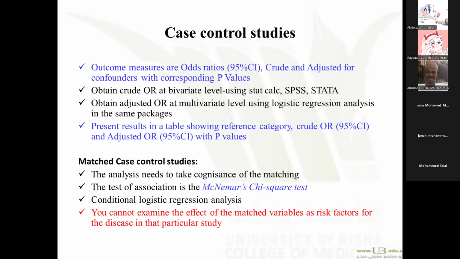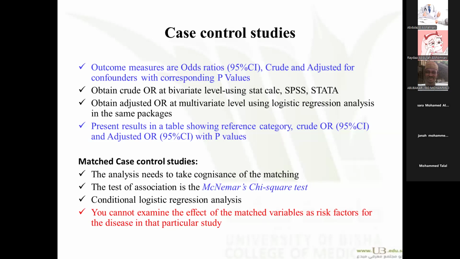Okay? So that is what we are looking for. Then we can calculate the crude and adjusted odds ratios to eliminate any effect of any confounder with corresponding p-values. So first you have to obtain the crude odds ratio using bivariate statistical analysis, either on SPSS or on Stata.